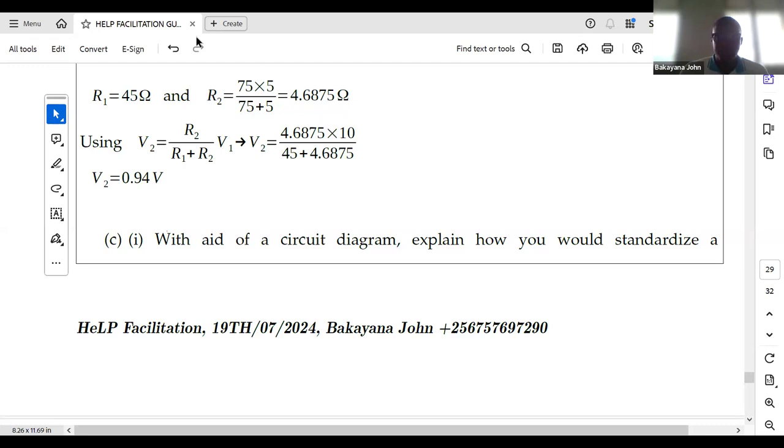Okay. Maybe you can unmute and say a word. I don't know if the restrictions allow.